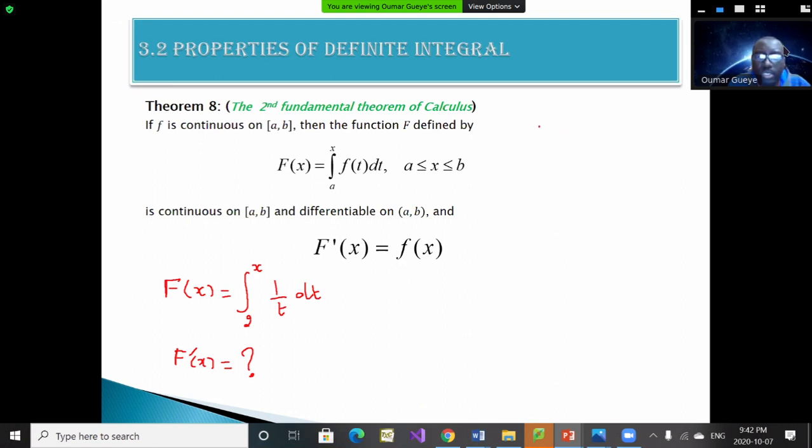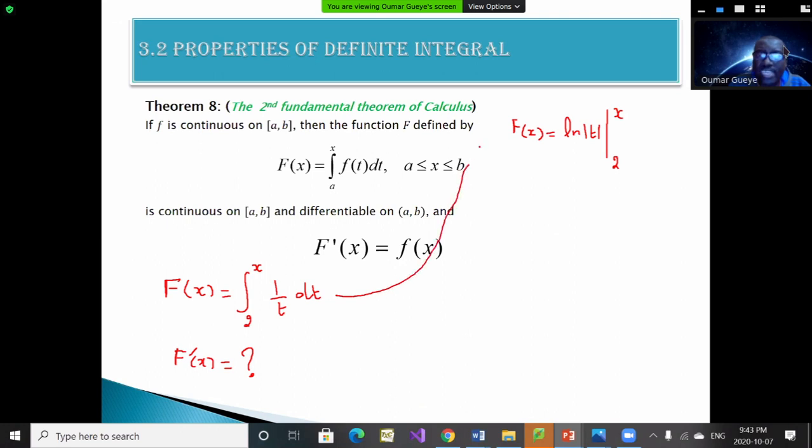We know here f of x, if you calculate it, you will get here ln of absolute value of t, right? By the first FTC that we've seen yesterday. And you take it at 2 and at x. I'm just calculating this.